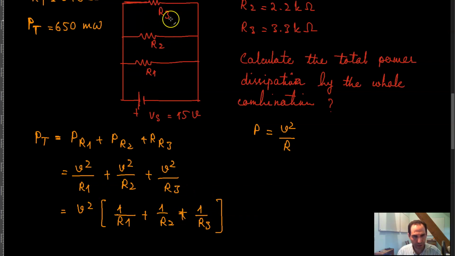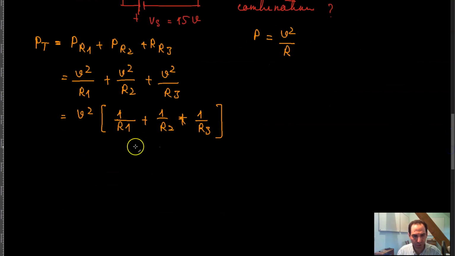And as you can see, this is exactly the way we calculated the total resistance in the circuit. That would of course be the reciprocal of the total resistance, but essentially you can say that.